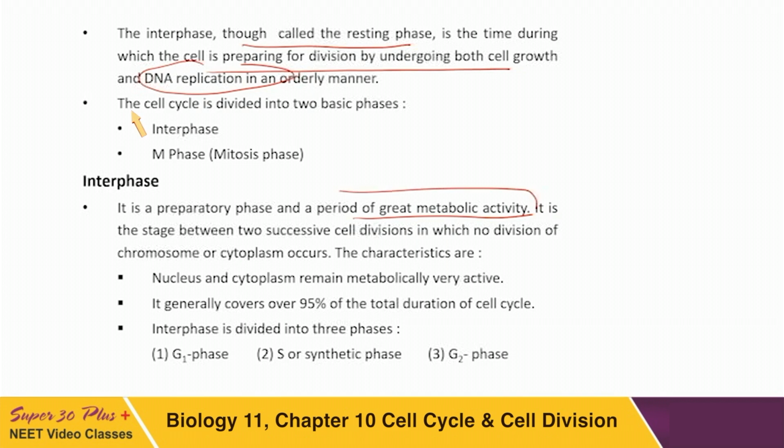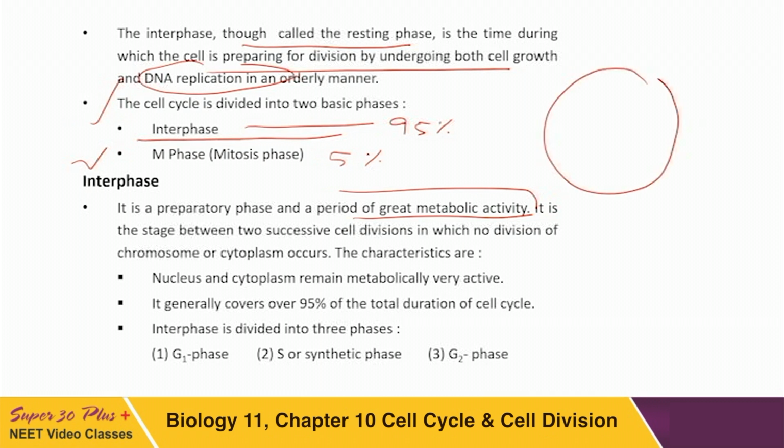Now the cell cycle we can divide into two phases: interphase, which is about 95% of the total, and M phase, which is 5%. We have to see the detail of interphase now. As I told you earlier also, this is the M phase.